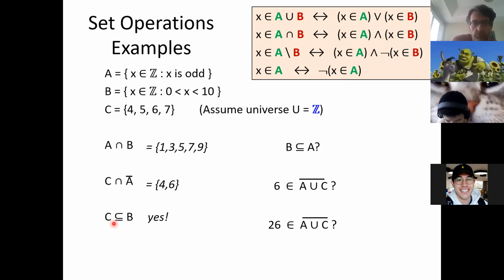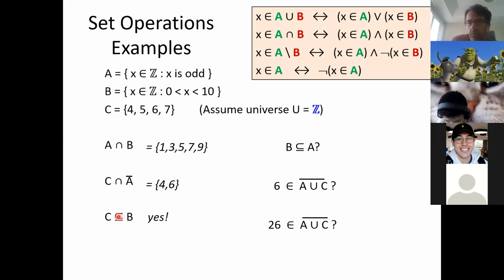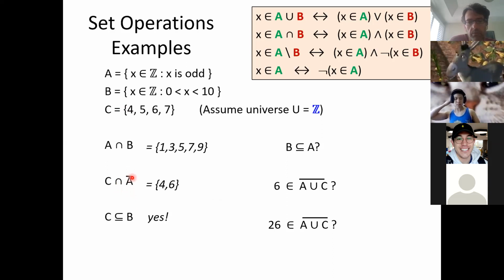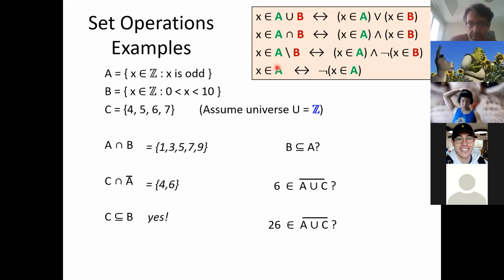Question. Sorry, quick question about C and the union of... sorry, C and what's that symbol? Oh, it's a C, a complement of A. Okay, I see. On my cheat sheet, I'm missing the complement. I didn't copy the complement. My cheat sheet has a typo here.